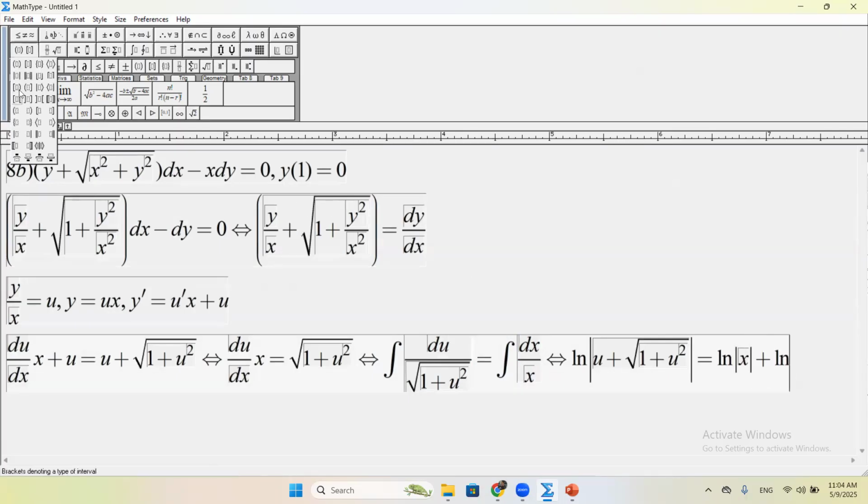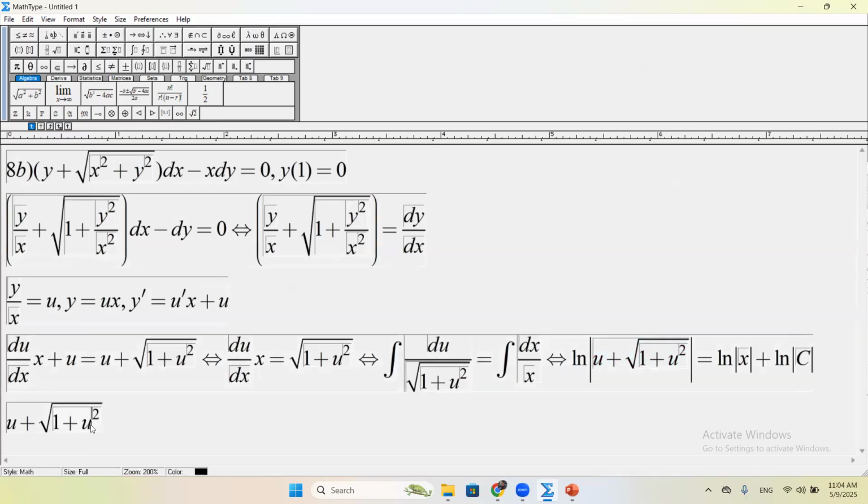So yes, don't lose the modulus. And now we will write down that such expression equals cx.